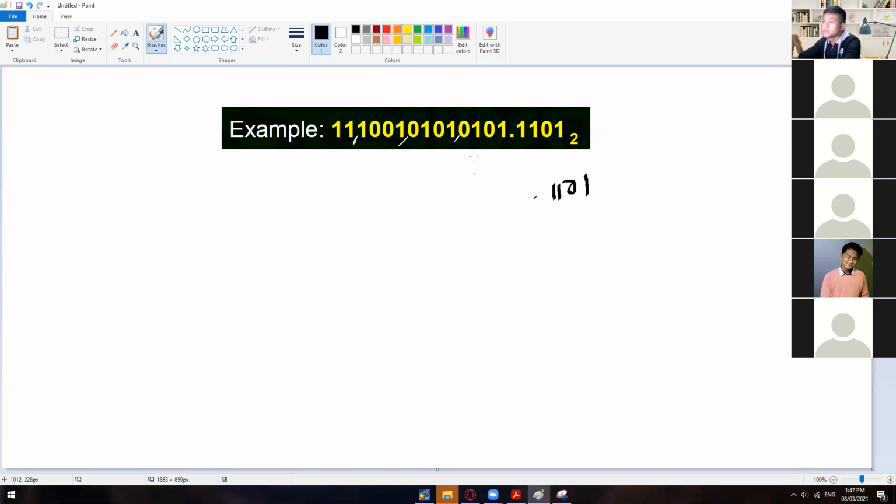There you go. The next one is 0101. Next is 0101. Then the next one is 1001. And then the last two are 11, and we have an invisible 00 right here. I've just put 00 here to complete the 4-bit grouping.